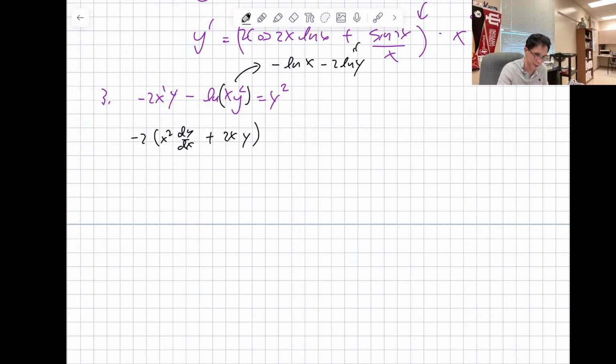She did not do this part, but I'm okay with that because she took the derivative correctly. So this one should be minus 1 over x, and this one is minus 2 dy/dx over y, equal to 2y dy/dx.